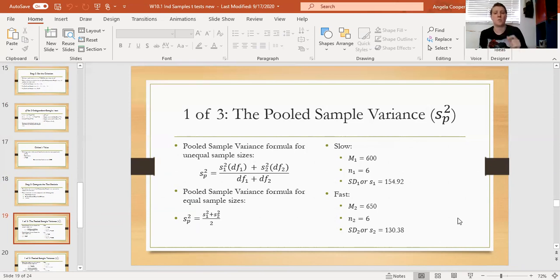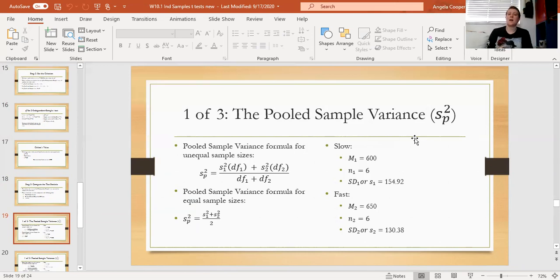Remember, S alone would be standard deviation, but standard deviation squared is the variance. So that S squared here refers to the variance portion, and the P is referring to the fact that it is pooled. Now, what does that mean, pooled? Let's get into it. Basically, we're putting the variances together. So we have the pooled sample variance, S squared P.